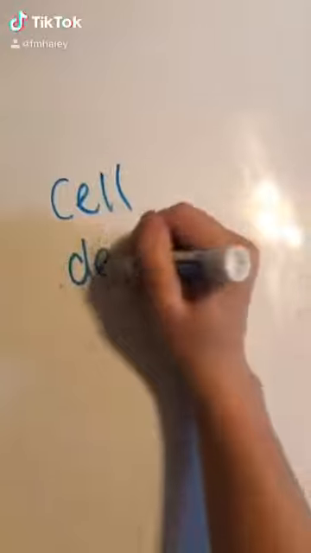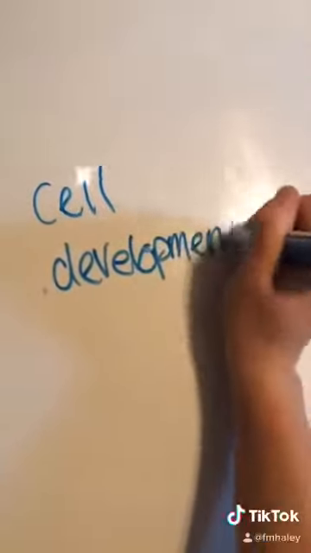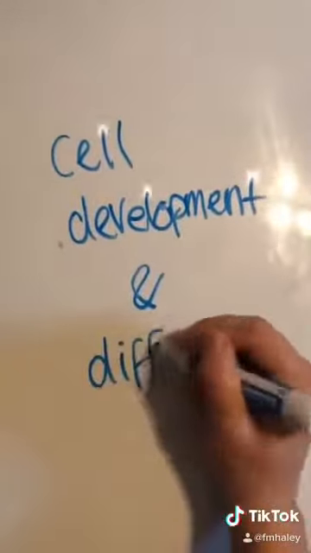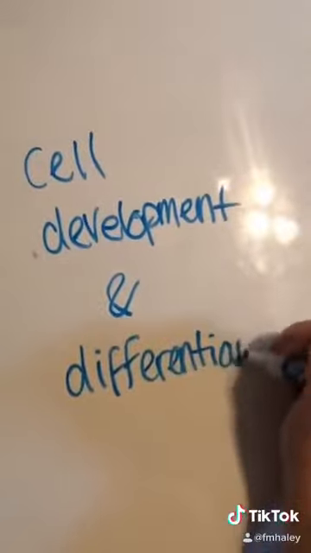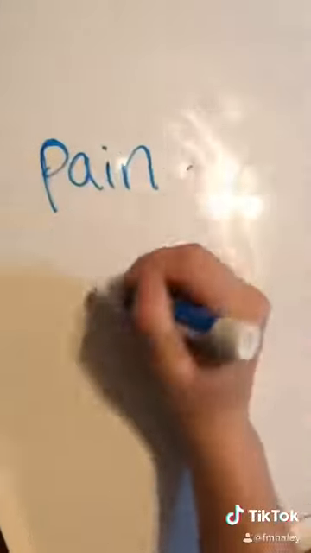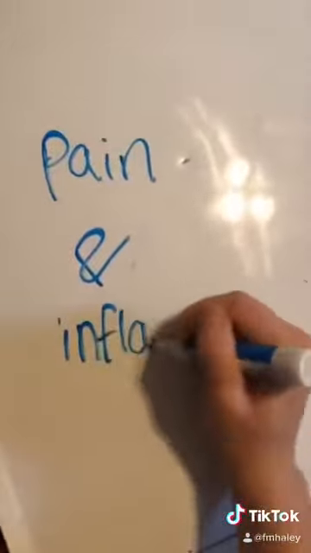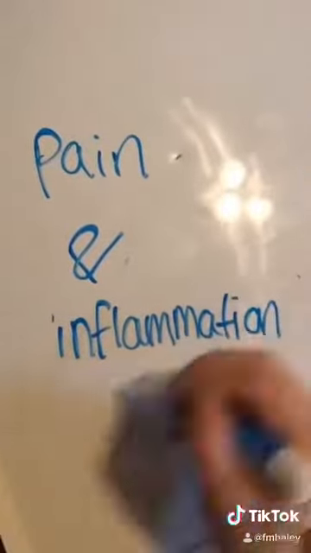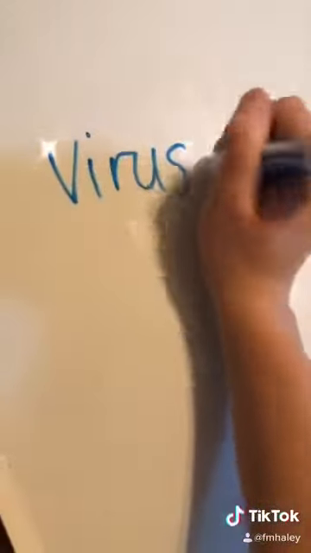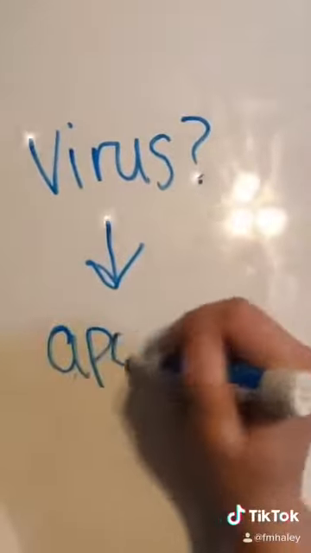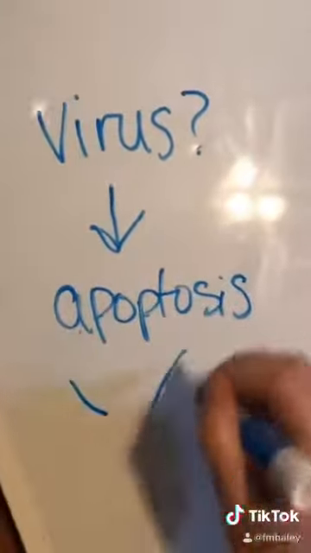Autocrine signaling is crucial for things like cell development and differentiation in the early stages. Autocrine signaling also plays a role in pain and inflammatory response. Cells can also send themselves info if they are infected with a virus for cell death or apoptosis.